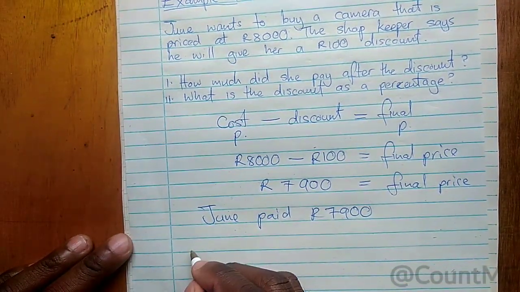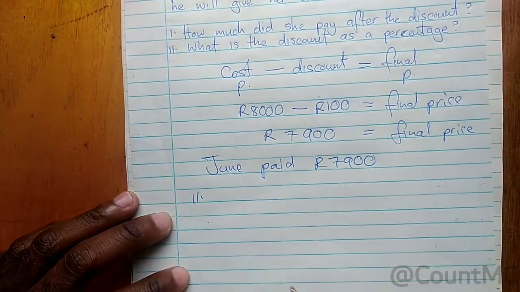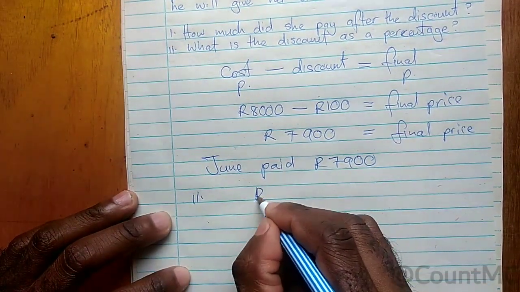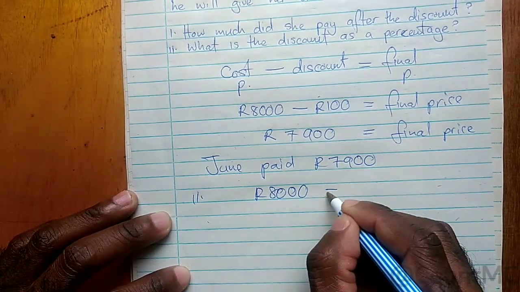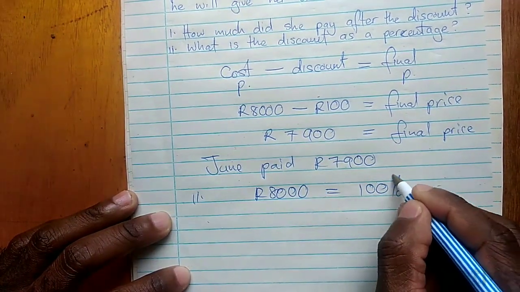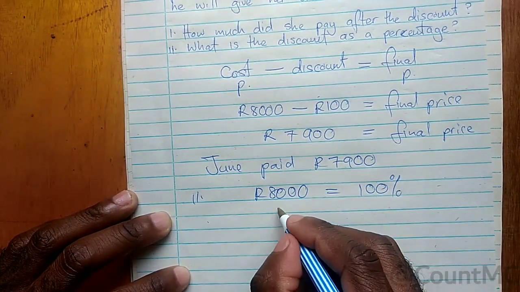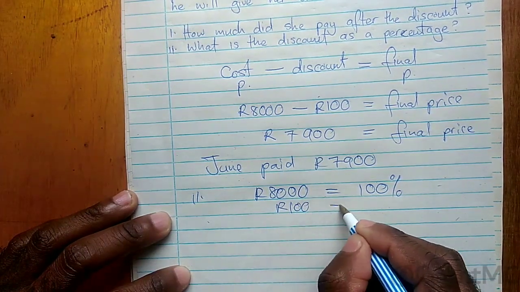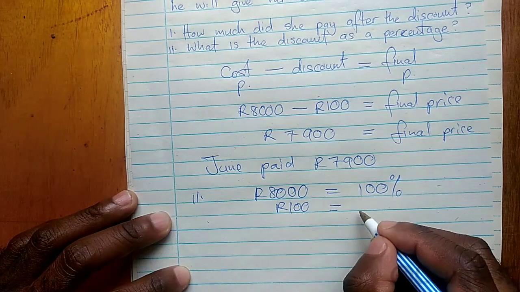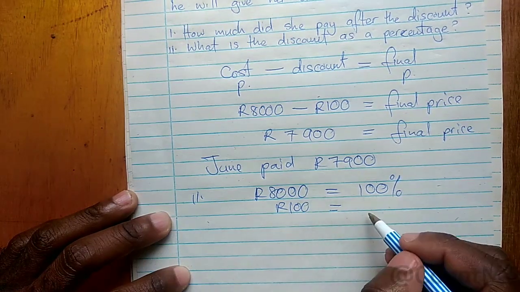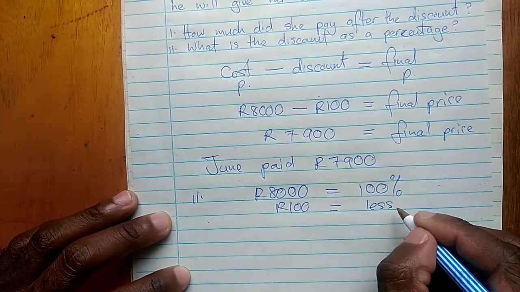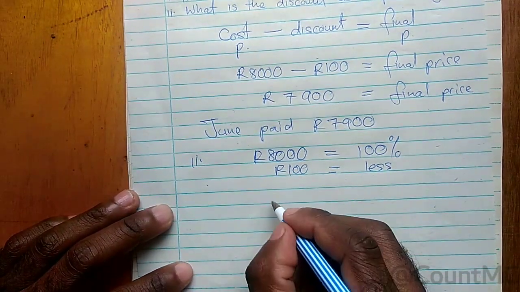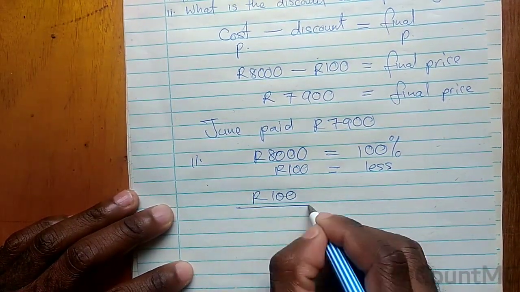So for part 2, you say the 8,000 rand is equals to 100%. What about the discount? We have the discount as 100 Rand. We want to see what it is as a percentage. This is direct proportion, so it's going to be less. So if you say less, the smaller number on top.